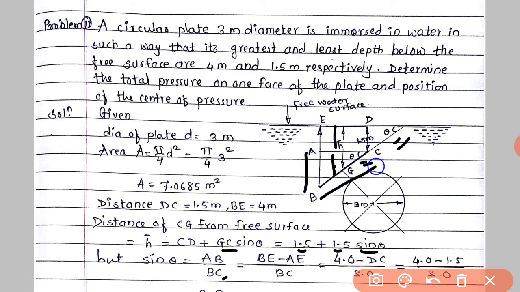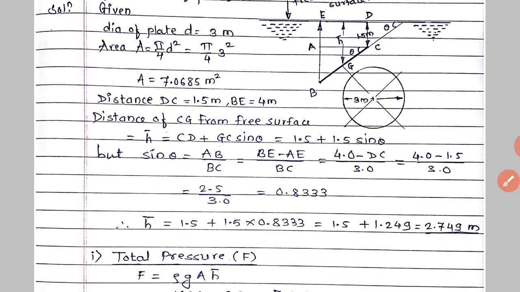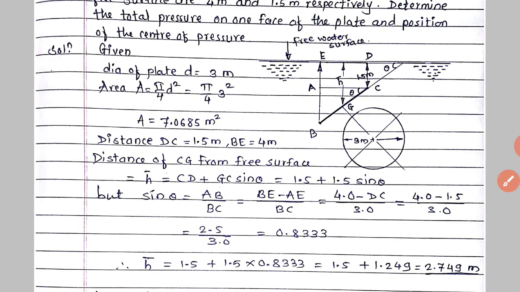This value is BC, so value of AB will be total value of B minus 1.5, that is AE, upon BC. So 4 minus DC upon BC, so 4 minus 1.5 divided by 3. So sin theta value comes as 2.5 divided by 3, which is equal to 0.8333.